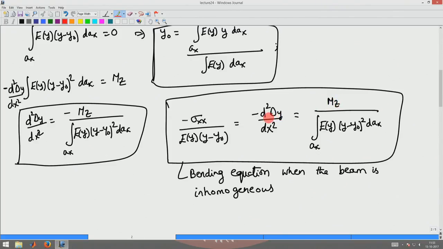To get the stress, you use the fact that it is Ey times Mz times (y − y₀) divided by the integral of Ey (y − y₀)² dA. So, you use these facts to compute the moment or the stress respectively.